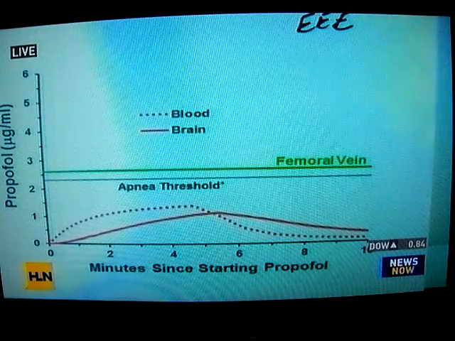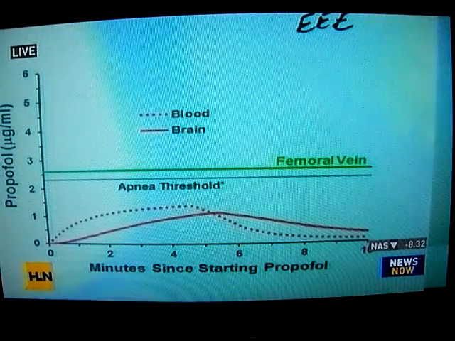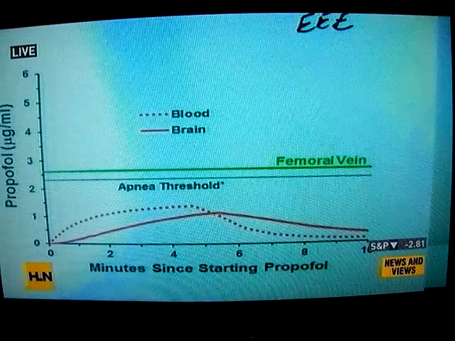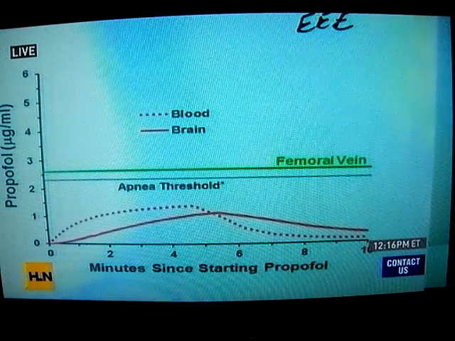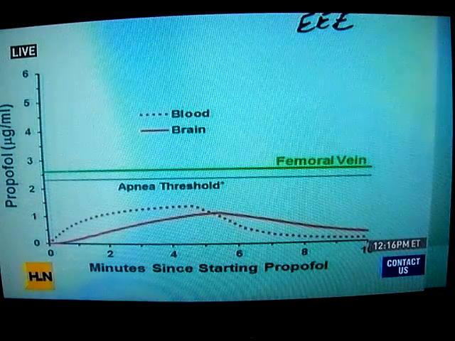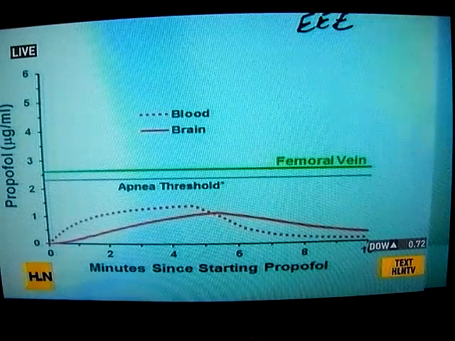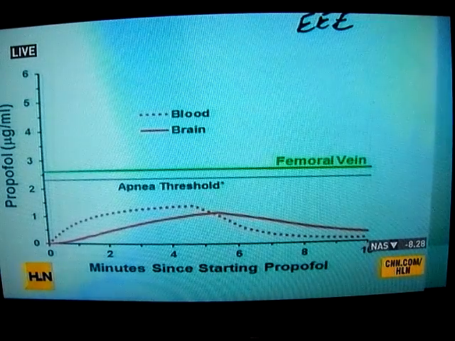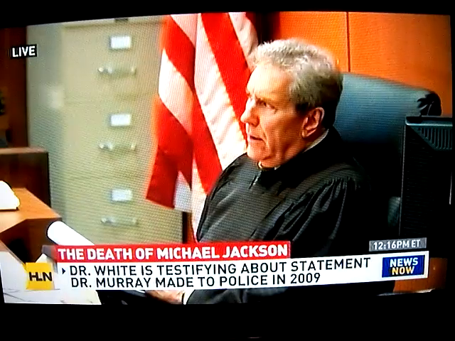And the y-axis is the propofol concentration that would be expected to result following the administration, well, during and after the administration. And it shows that it reaches a peak level somewhere in the vicinity, both blood and his anticipated brain level, both reach approximately the point of 1. And that would be micrograms per milliliter? Yes.